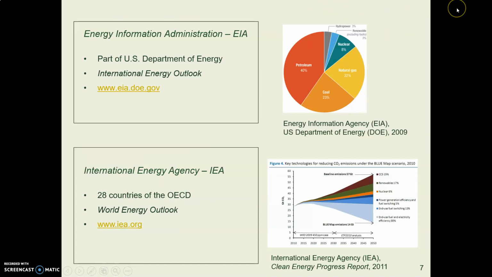At the top, there is the EIA, the U.S. agency, and at the bottom is the IEA, the international agency. So those are the two primary energy agencies from which we get very robust evidence-based data.